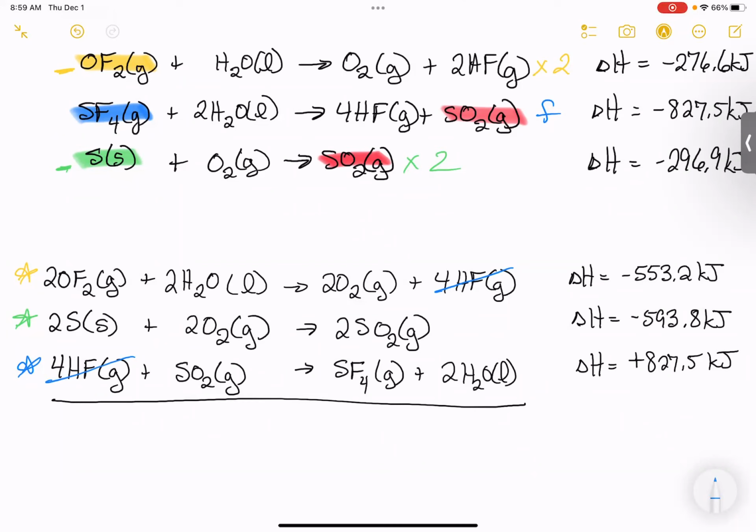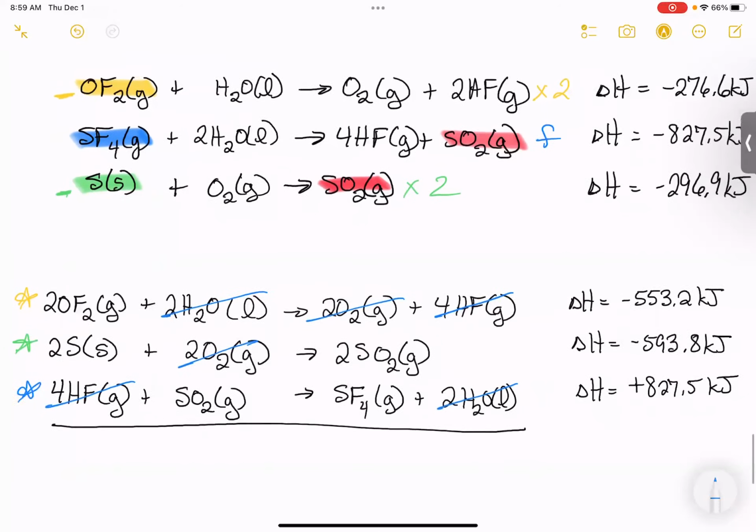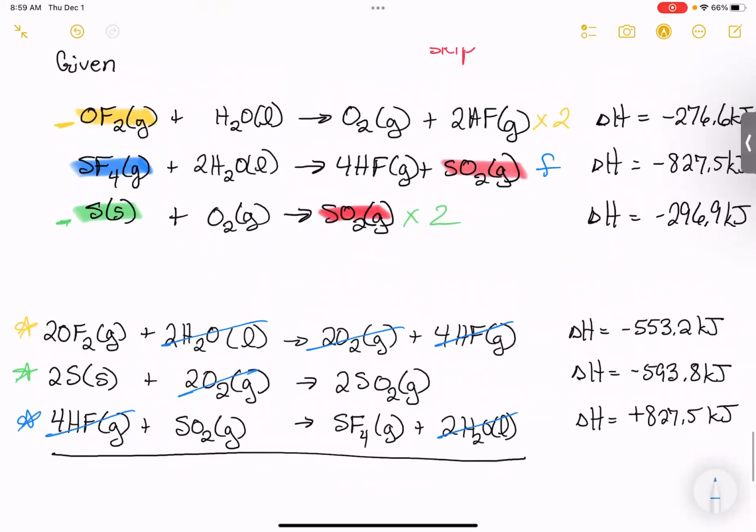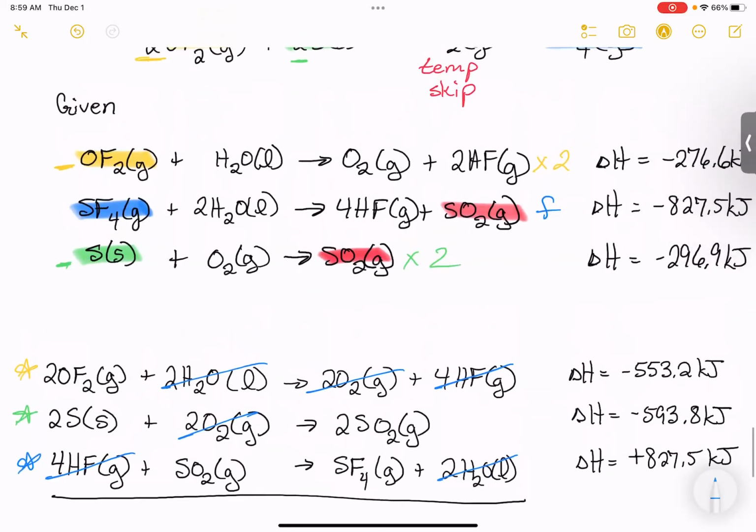The sulfur dioxides, well, let me get all of it. Let's go. OF2, water liquid, the waters disappear, the oxygens disappear, and, let's see, did I screw up something? Let me see if this one's balanced.